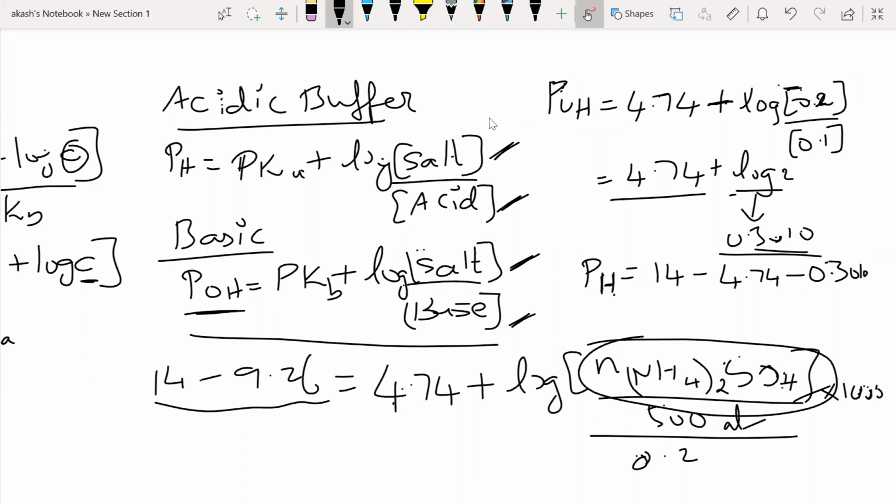Right? Now they're asking, what is the ionization constant of NH4 plus ion?